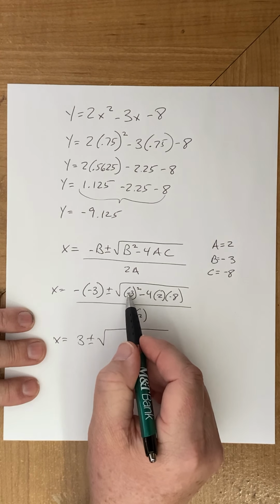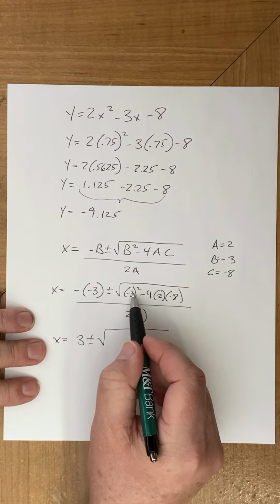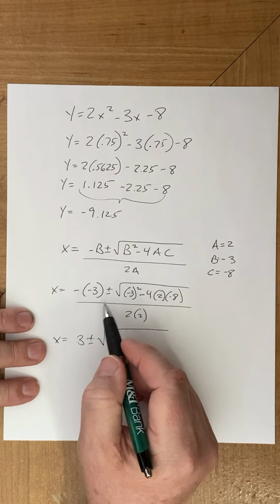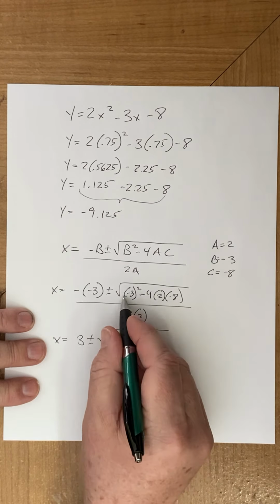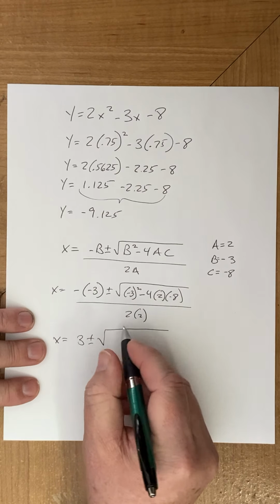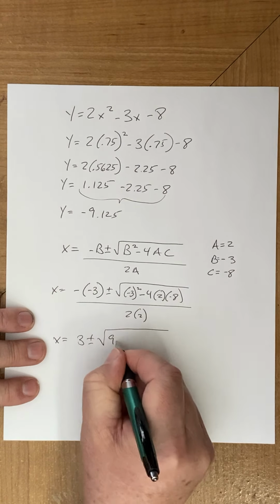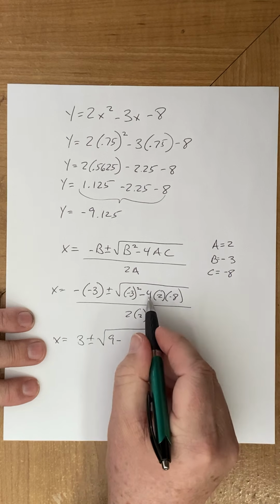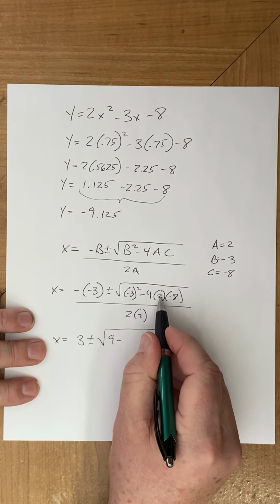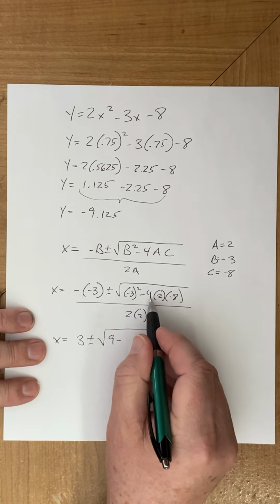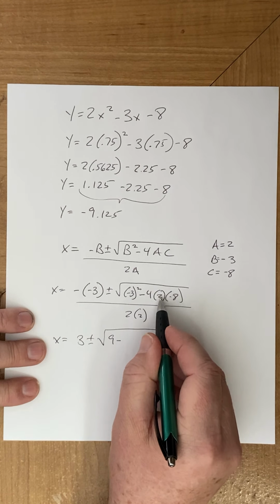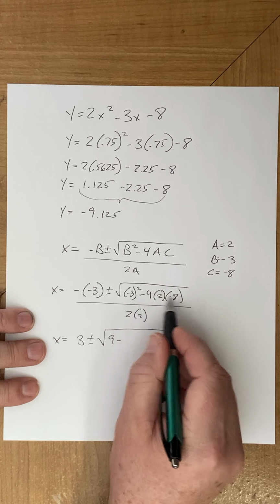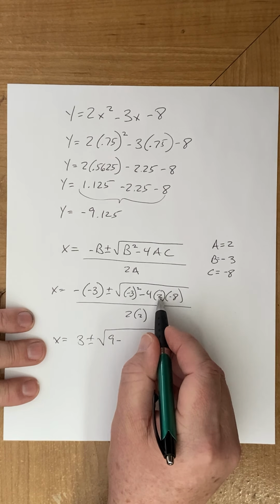So we're talking about negative 3 times negative 3, which is positive 9. A negative times a negative is a positive, and 3 times 3 is 9. So we got 9 minus 4 times, because we're multiplying here. Anytime you have a value next to a value in parentheses, you're multiplying. 4 times 2 is 8.